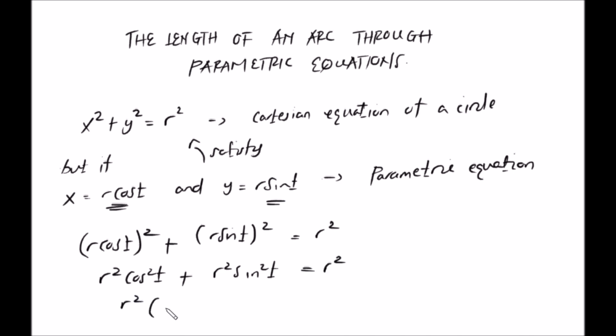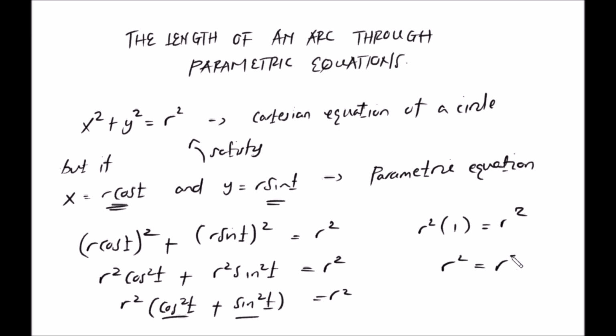So nikitoa r squared nje, cos square t jumlisha sin square t ni 1. So r squared times 1 is sawa na r squared. So you can see the parametric equation has satisfied the Cartesian equation.